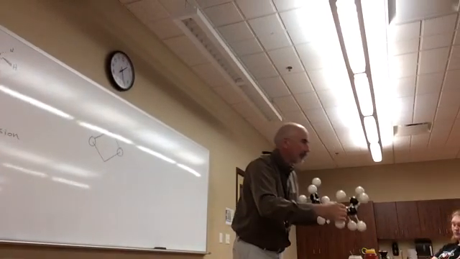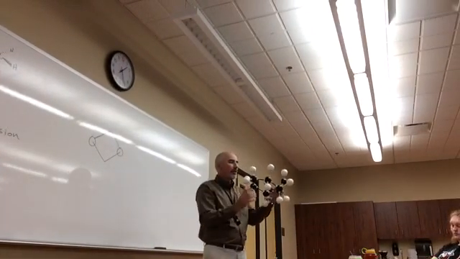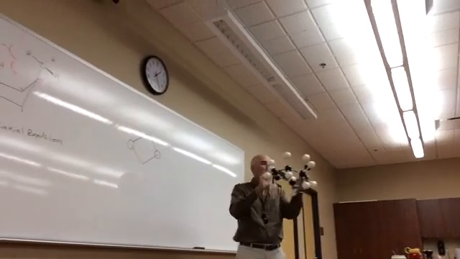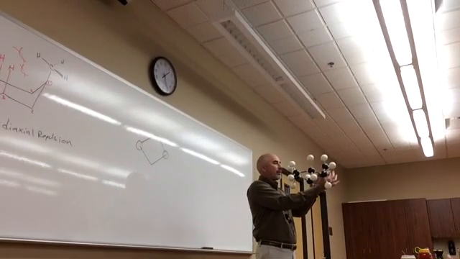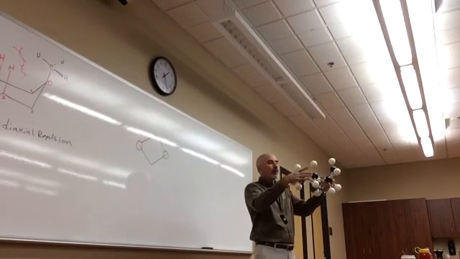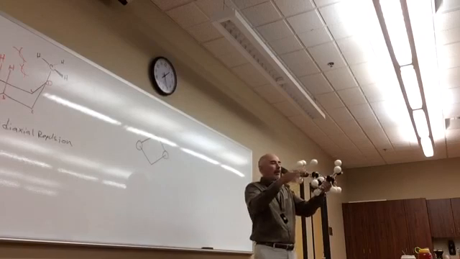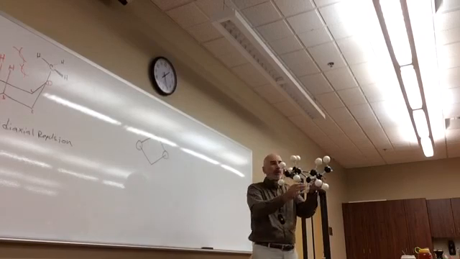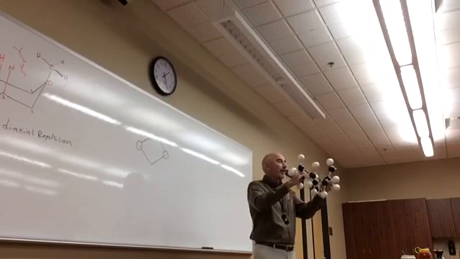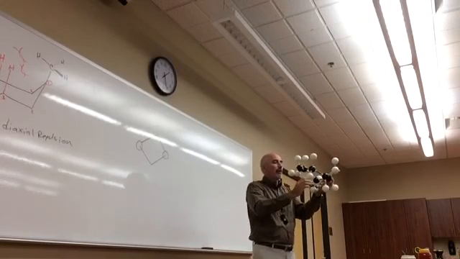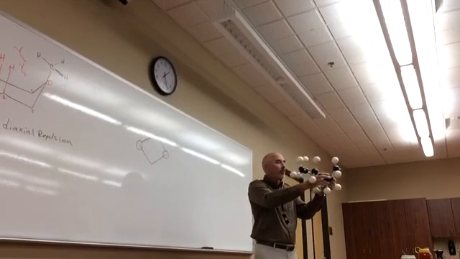Okay? I didn't put the hydrogens on there, but if you're going to look right down this carbon to this carbon, one of them goes up, one of them goes down, right? So I drew this one with it down.